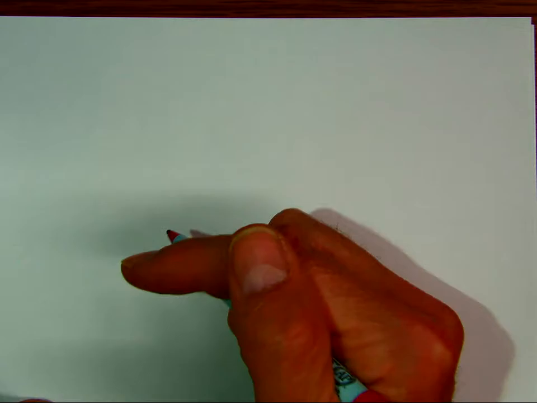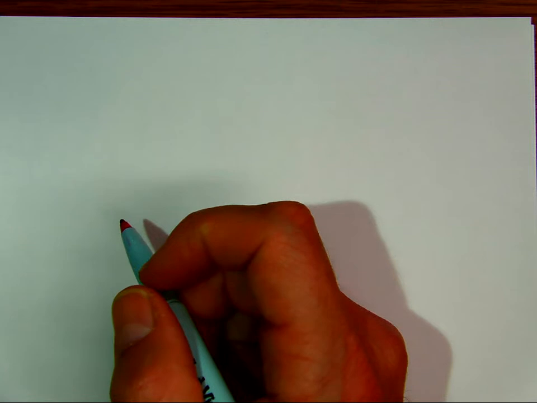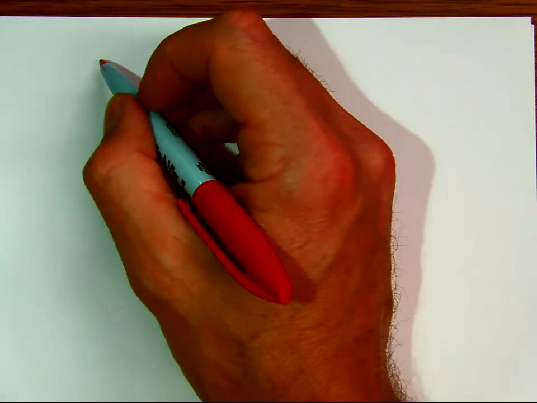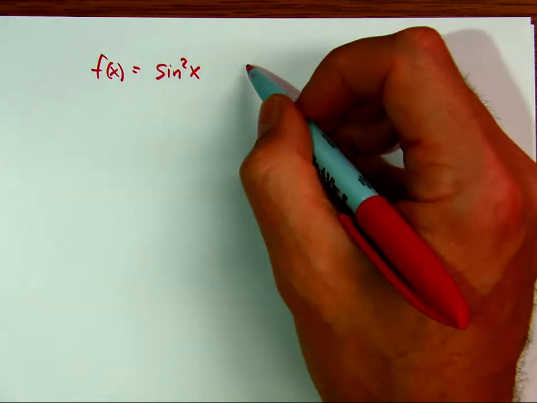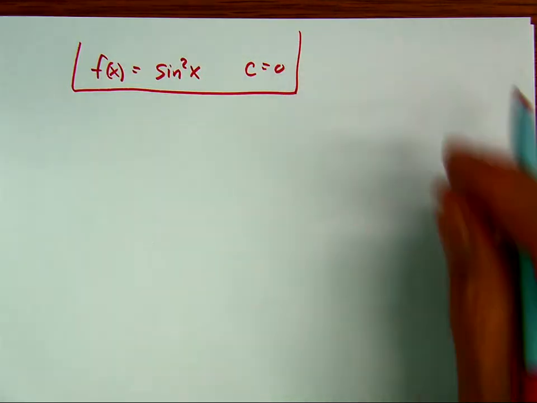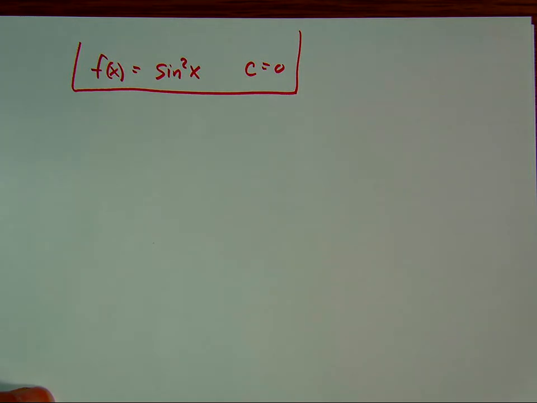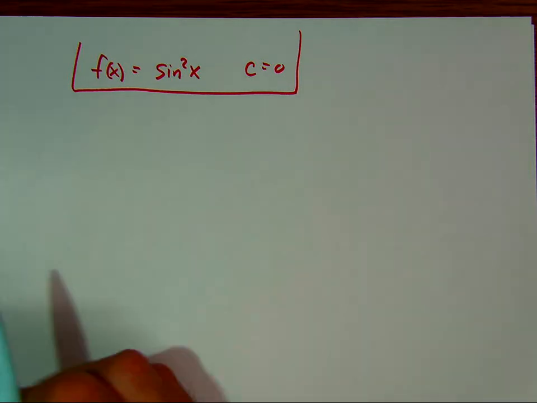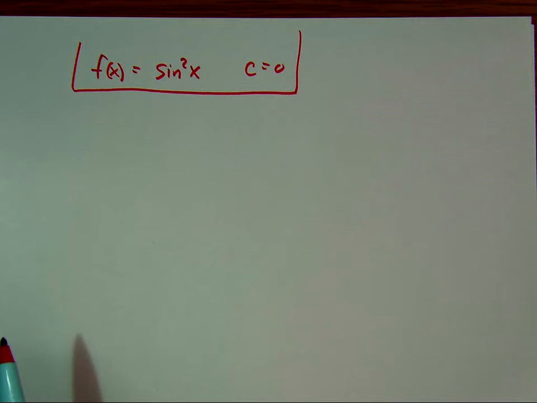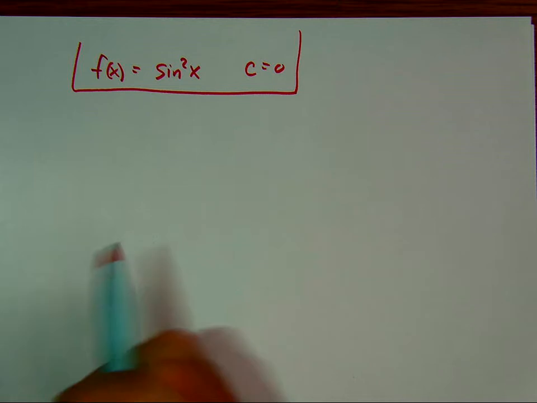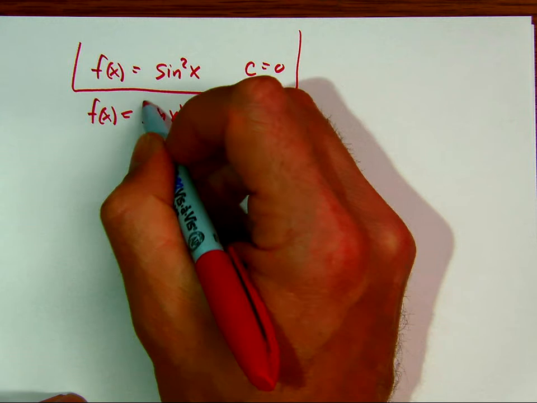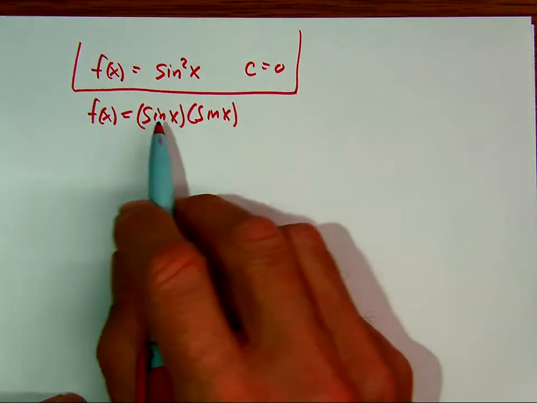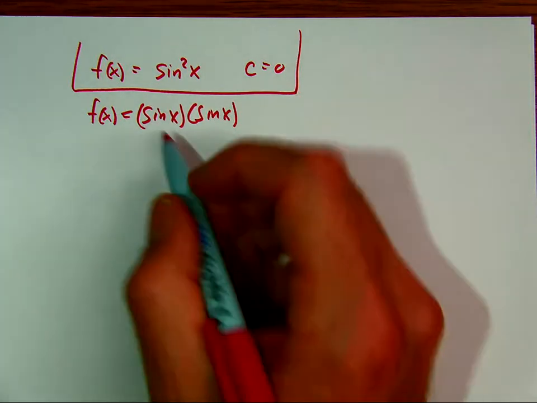Now we're going to use multiplication and division to form series. Let's find a series for sine squared, and we can't just use substitution because we would have to multiply sine times sine, not substitute sine. So here we have sine x times sine x, and we need to write out the series for sine and then start multiplying.